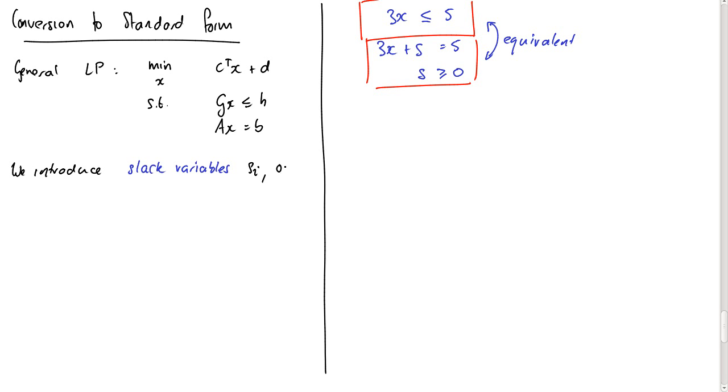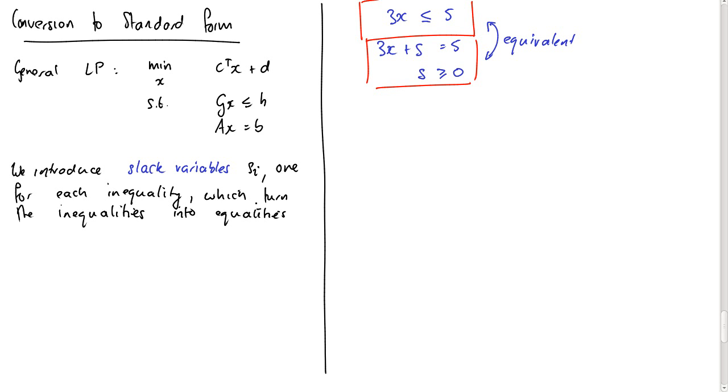One for each inequality, which turn the inequalities into equalities. Okay, so we get this additional piece.